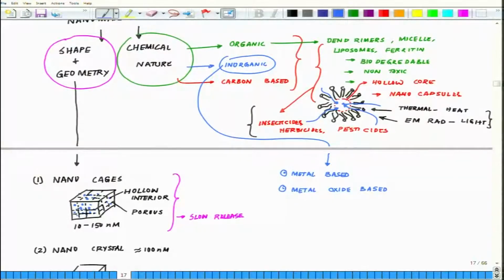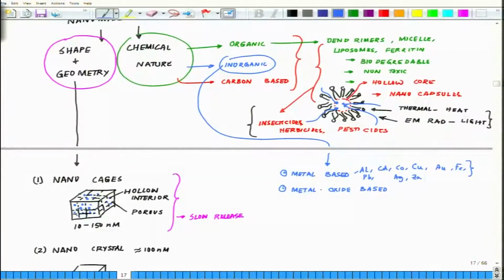and the most common metals for nanoparticle synthesis are aluminum, cadmium, cobalt, copper, gold, iron, lead, silver, zinc. Metal oxide based nanoparticles are synthesized to modify the properties of the respective metal based nanoparticles.